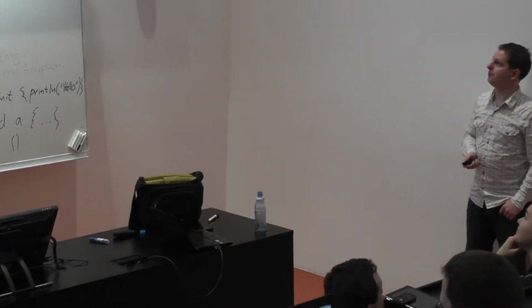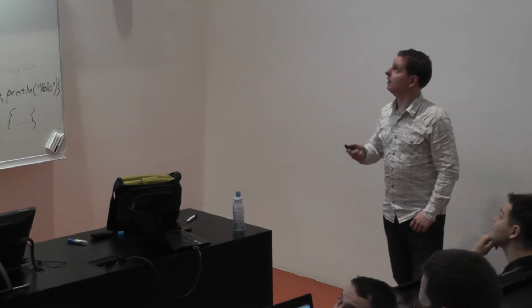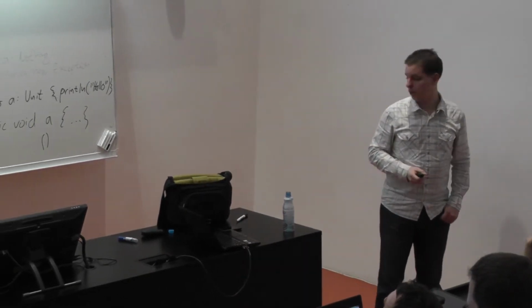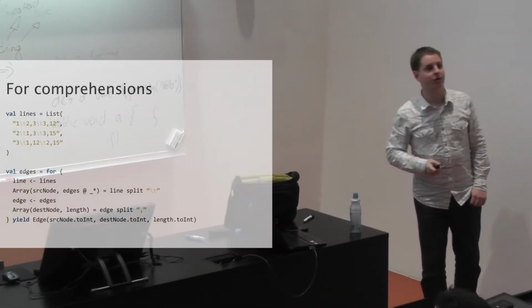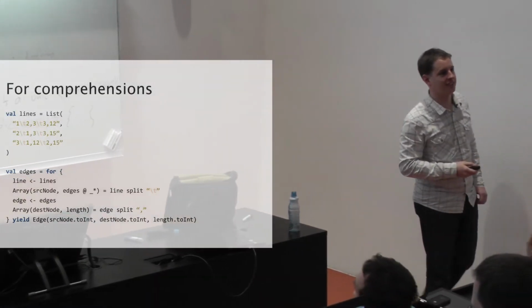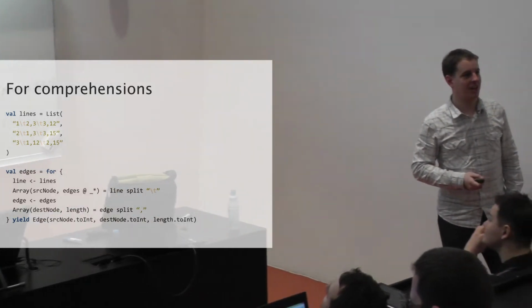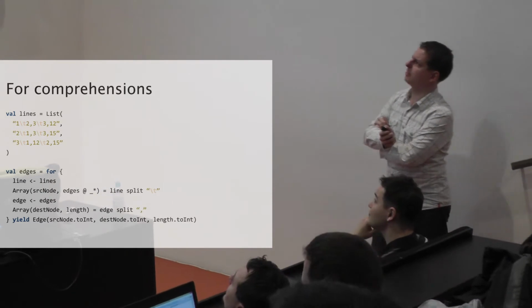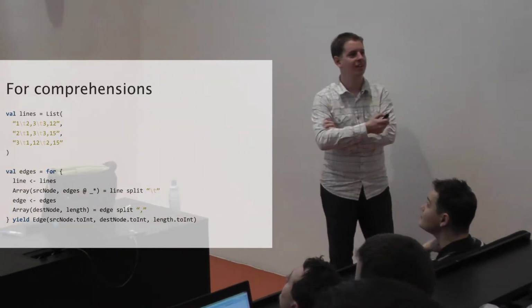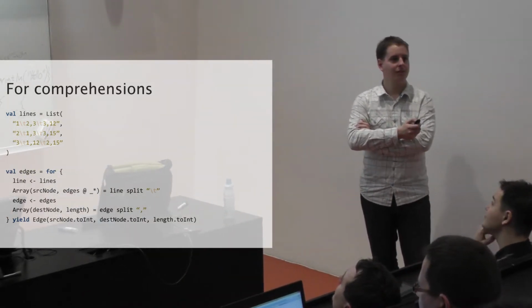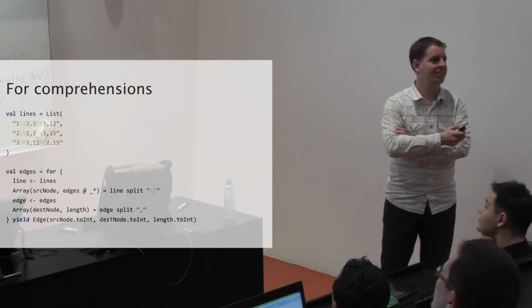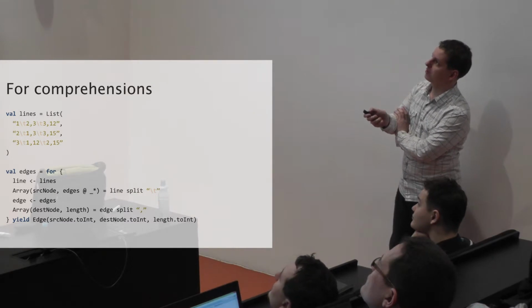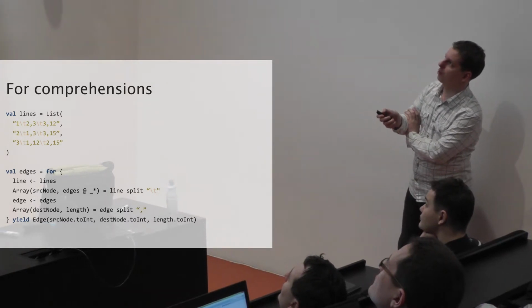Okay. And the last one is for comprehensions. I have created this example from real life for you. It was some problem on one Coursera course about implementing a Dijkstra algorithm, and the graph was in this kind of format.